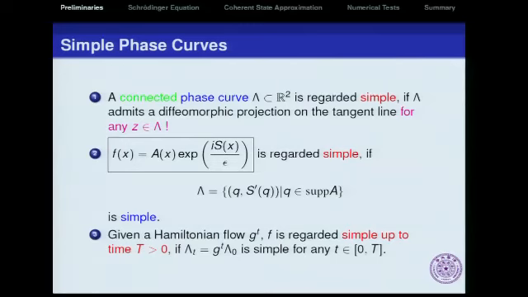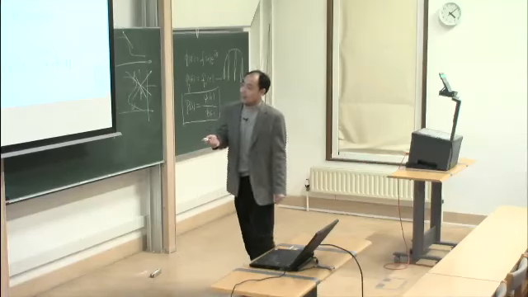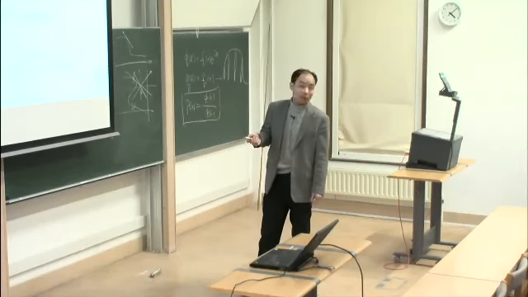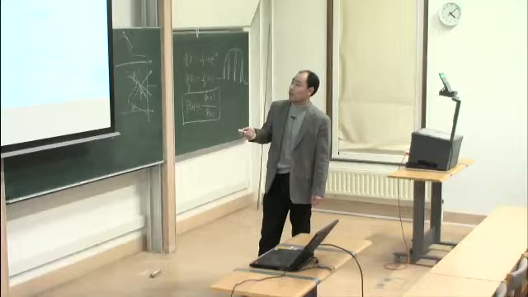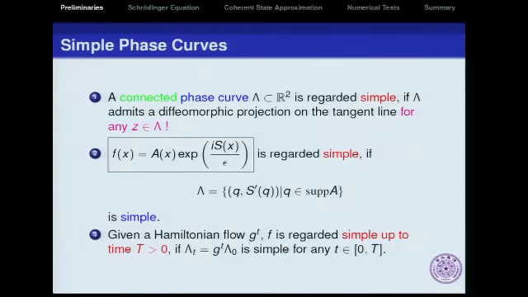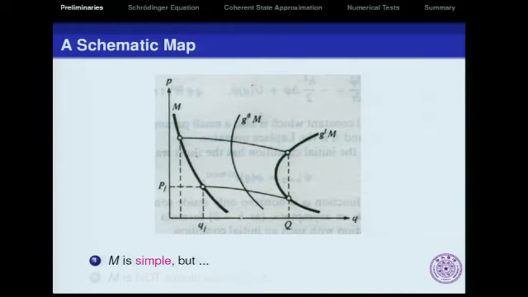This is another terminology. And given the Hamiltonian flow, I say a WKB function is simple up to time t, where t is a fixed time point, if the displaced Lagrangian manifold is simple for any t belonging to this interval. Later you will realize the importance of this definition.